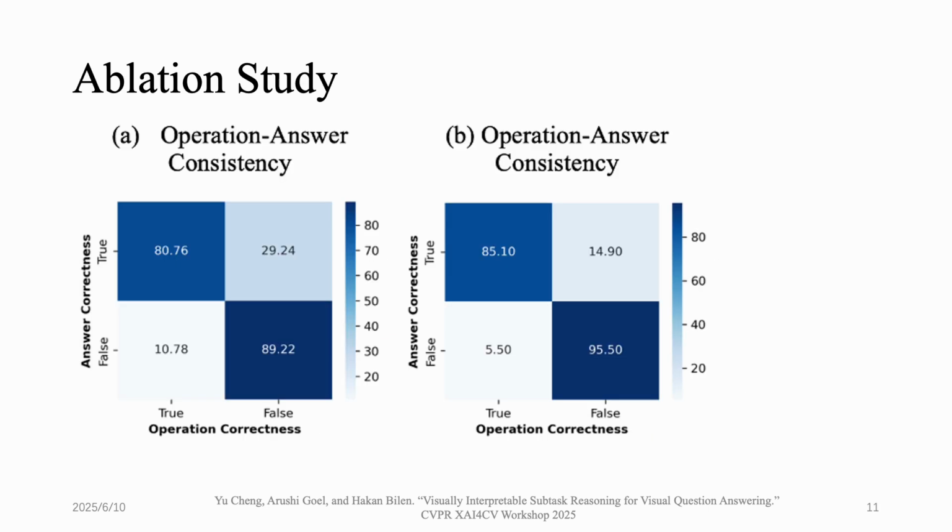We also perform ablation studies to analyze the contributions to interpretability by removing different components in subtask of thought. First, we test the role of bounding boxes for visual explanation. Removing them leads to a drop in IoU from 48% to 44%, showing their importance for spatial grounding.